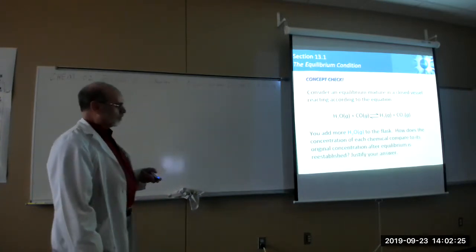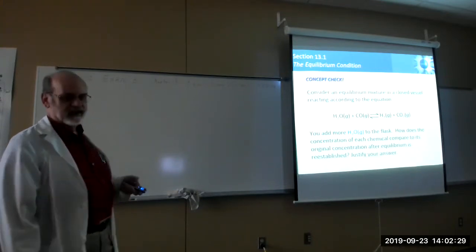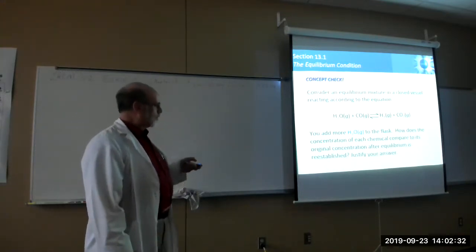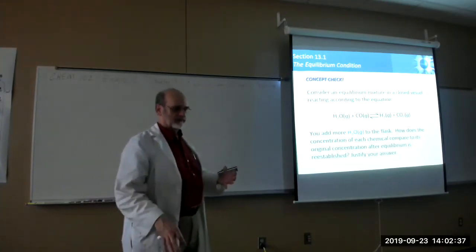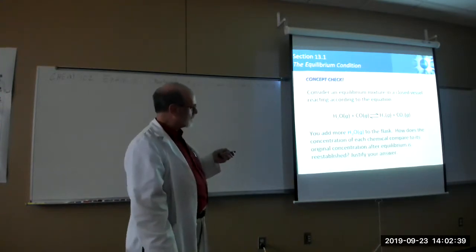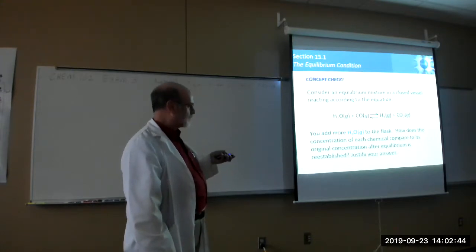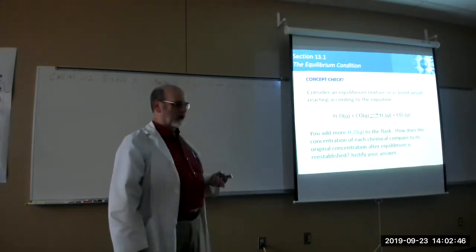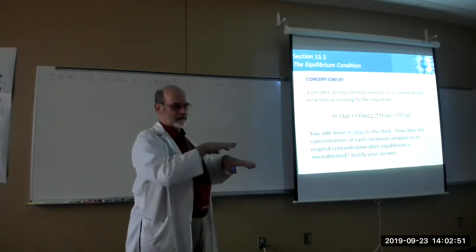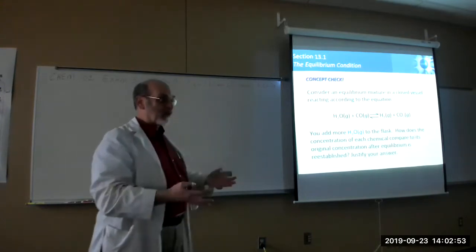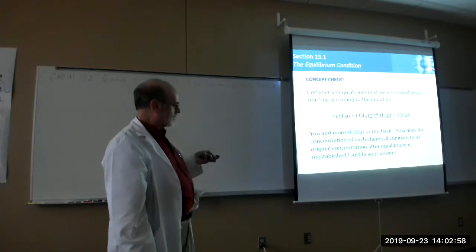Now, this concept, we'll give it a name later, but for now, what happens if you add more? Let's say, first of all, we've reached equilibrium, where the forward rate and the reverse rate are equal. So you have some reactants and you have some products, enough of each, so that those two rates balance. Now, at that balance point, what happens if you add more water to the flask?